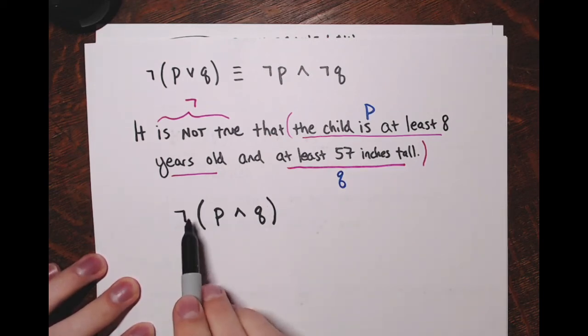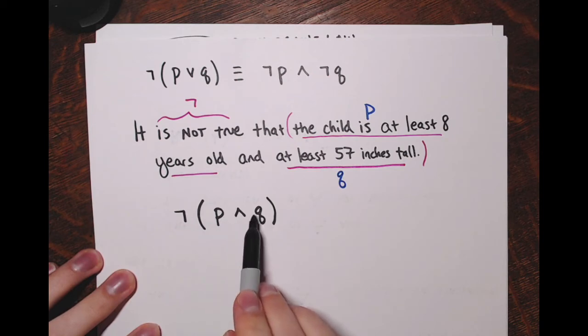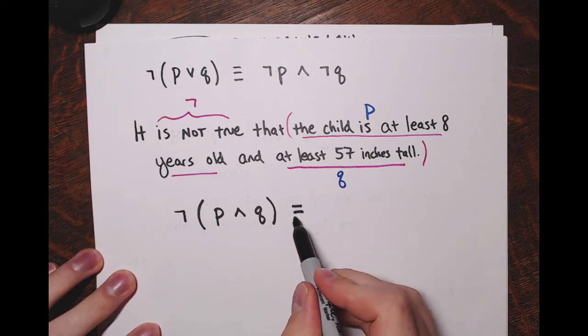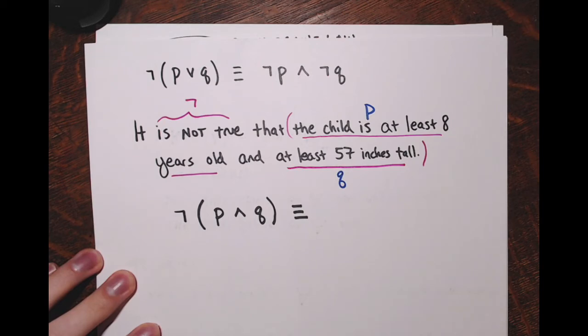It is not true that, again in parentheses, the child is at least 8 years old and at least 57 inches tall. According to De Morgan's laws, this is equivalent, logically equivalent, has the same truth value as the following statement.